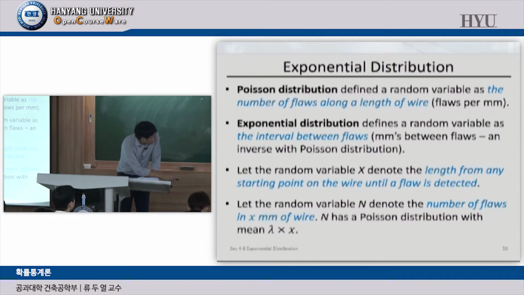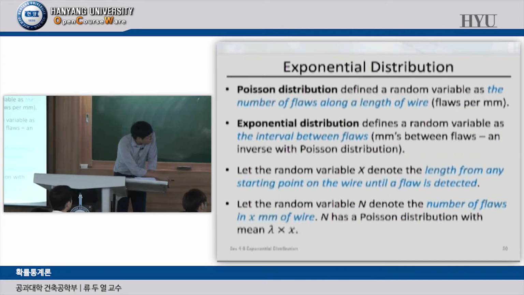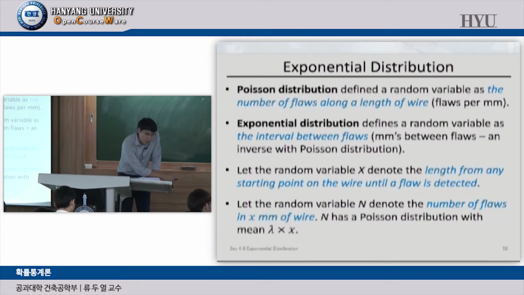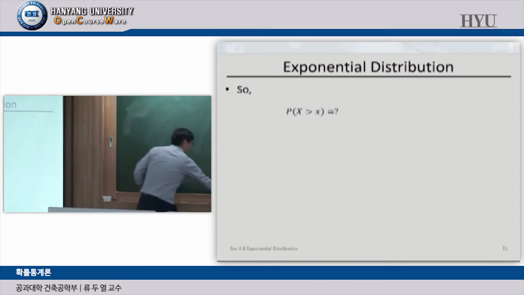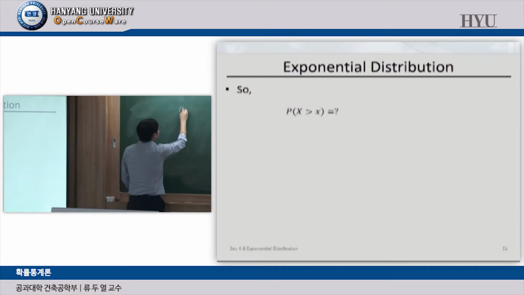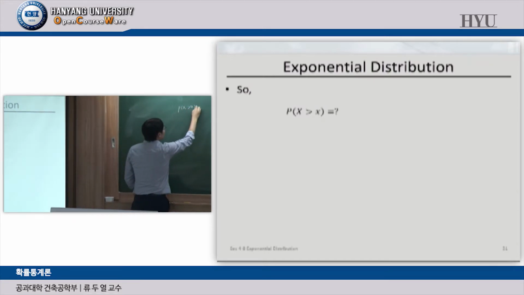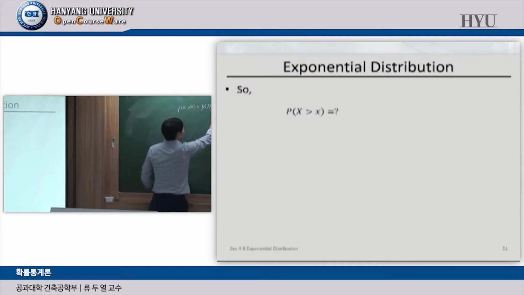And N denotes the number of flaws in x millimeters of wire, which means that if the large X is larger than small x, that should be equal to the probability of N when N is equal to 0, right?